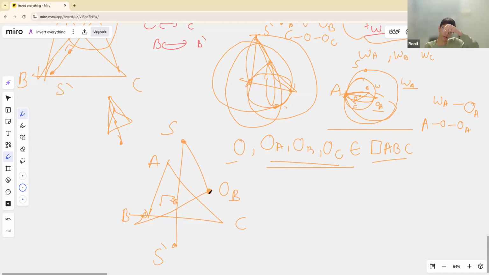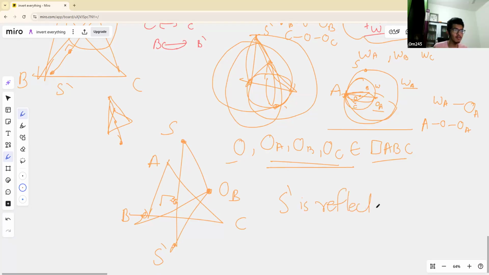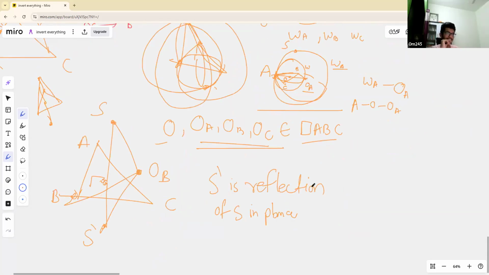So S dash is the reflection of S in plane ABC, and because the centers lie on ABC, we get S dash OA equal to SO.